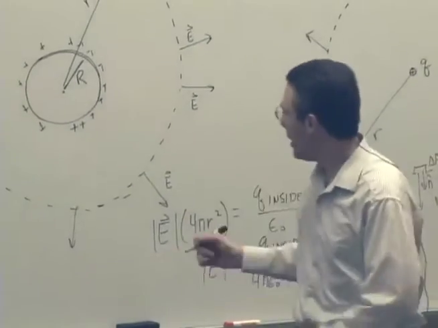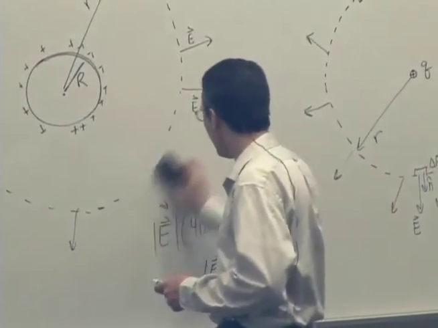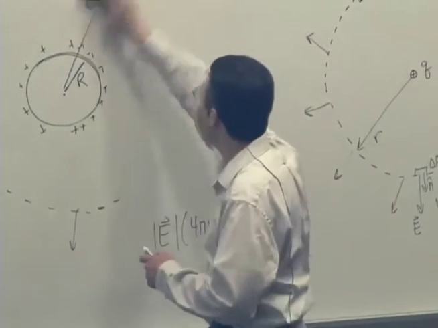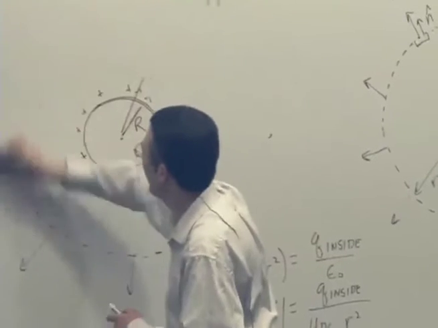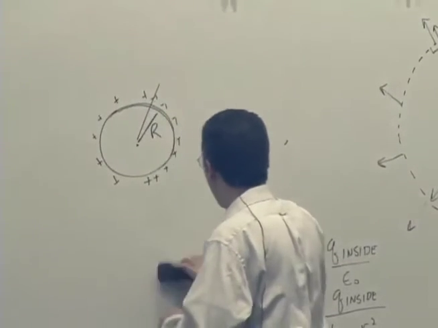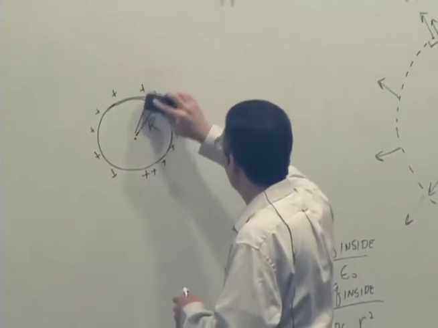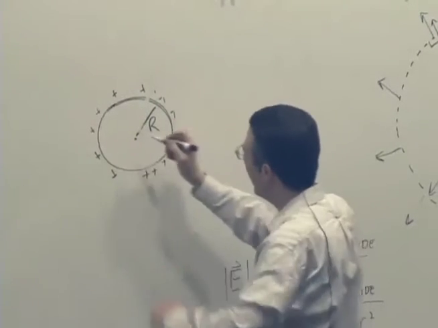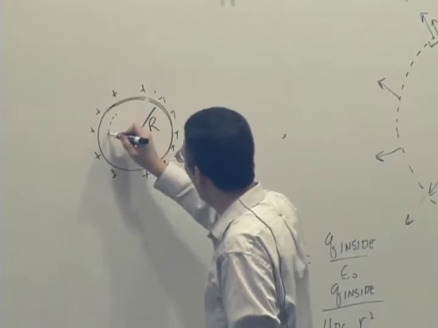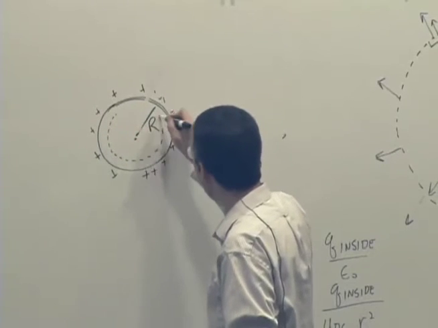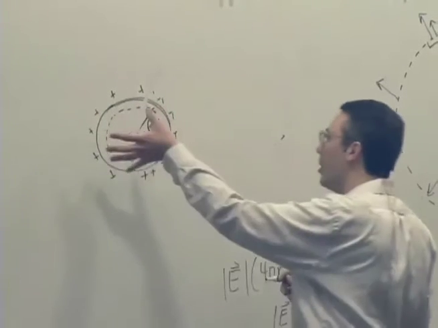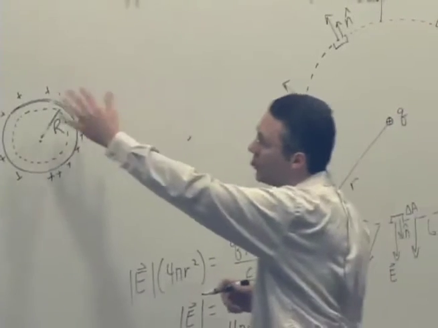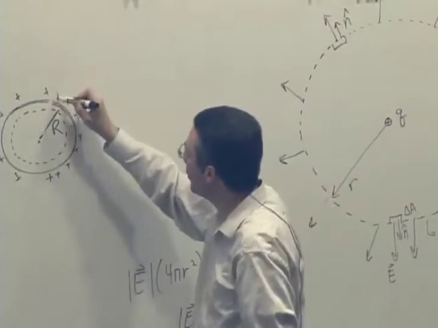Another proof we could do is, what if we were looking at a situation where our Gaussian sphere was, instead of being outside the uniformly charged sphere, what if it were inside? So this is, for example, a ping pong ball, a hollow plastic shell that has a uniform positive charge on it.